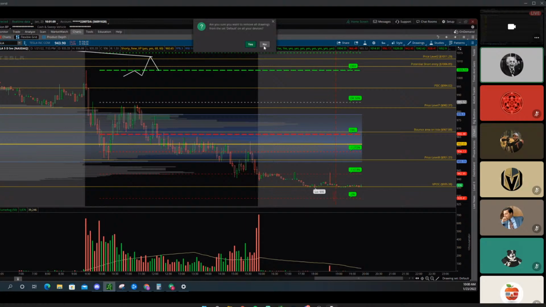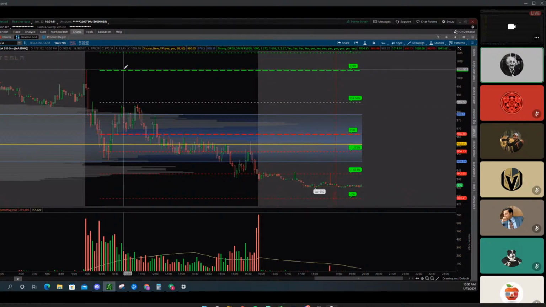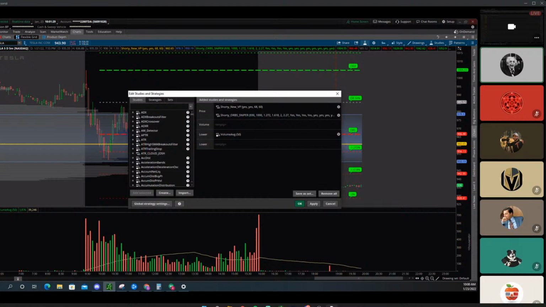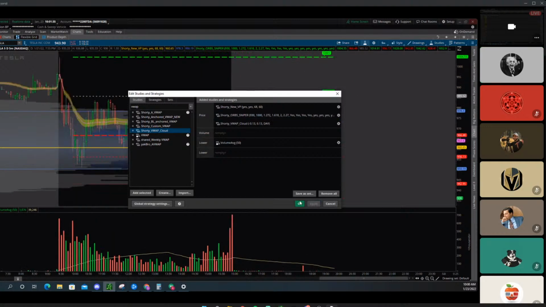So that's one setup of using the orbs, using it with the break of the orb high by itself. What I like to do, and a lot of people here, is look for confluence points. We want to make sure that we have at least 3 points agreeing in the direction we're going to take, whether it's long or short. You need some confirmation. So let me add the VWAP here.